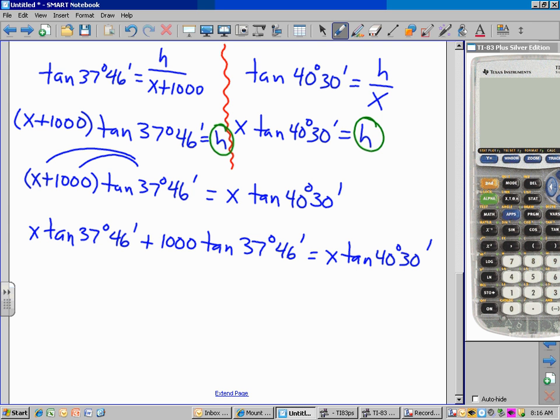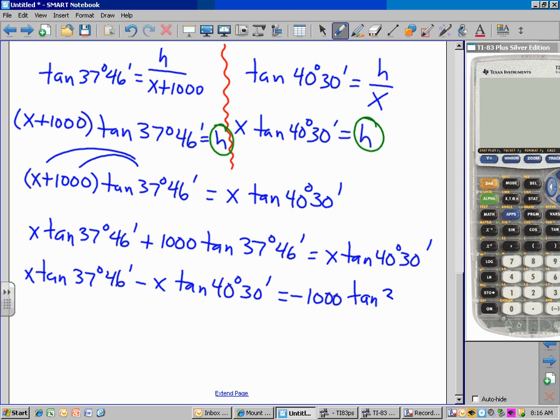Everything that has an x in it should move to one side. So x tan of 37 degrees 46 minutes minus x tan 40 degrees 30 minutes equals minus 1,000 tan of 37 degrees 46 minutes. Or we could have moved the x tan over.